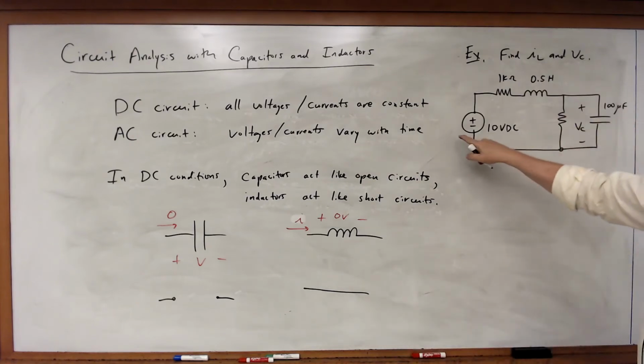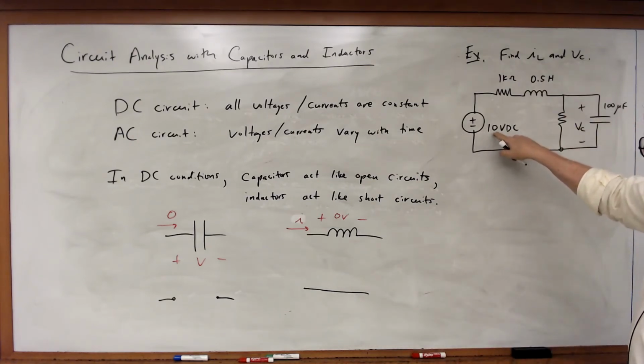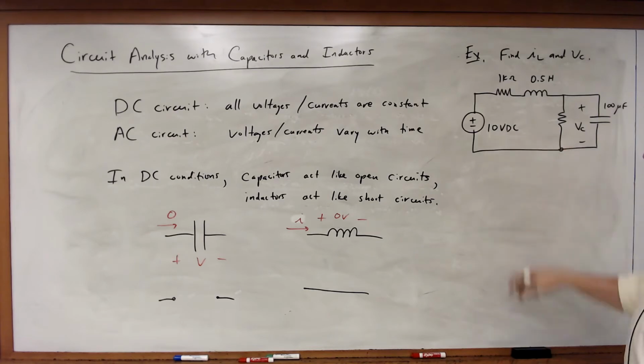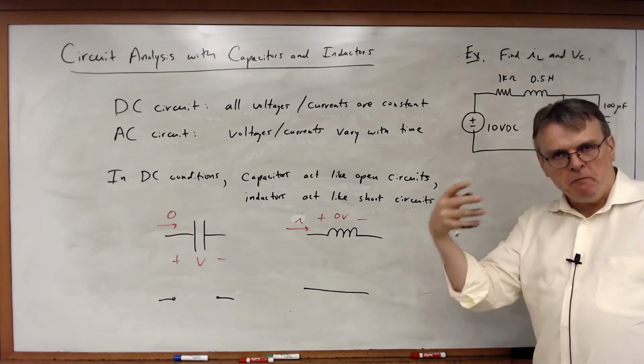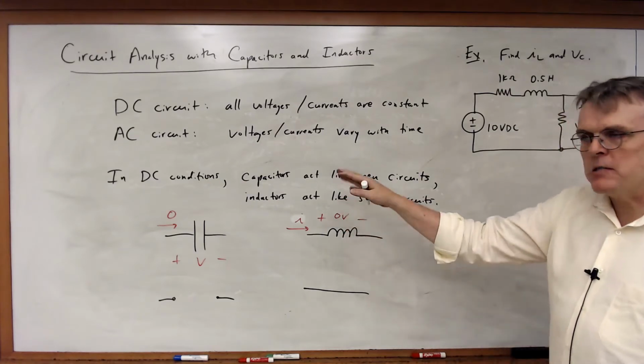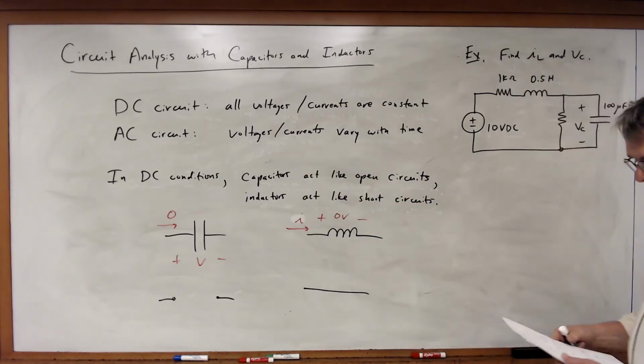In this case, notice the 10-volt source is labeled 10 volts DC, VDC. You'll quite often see me use this kind of nomenclature as we move further into this course and we start seeing AC versus DC.